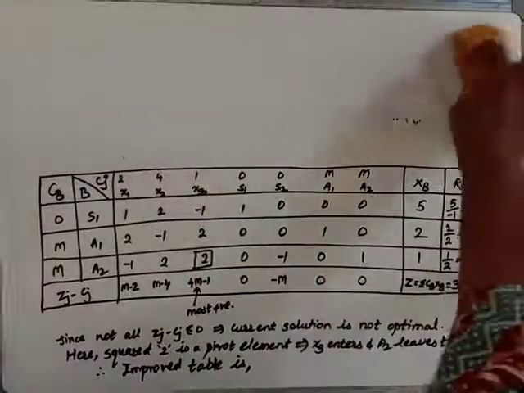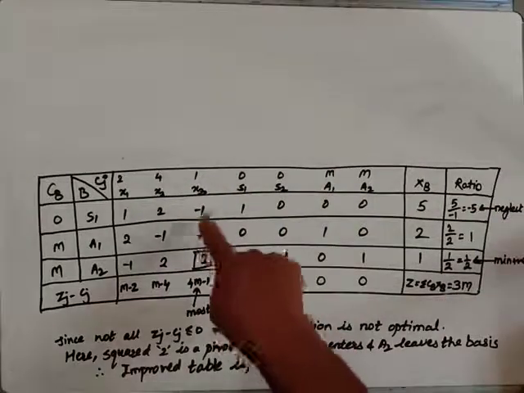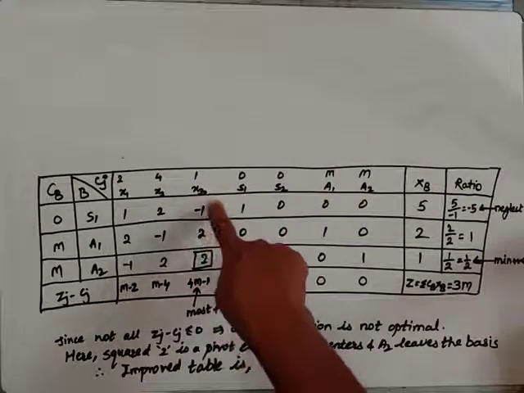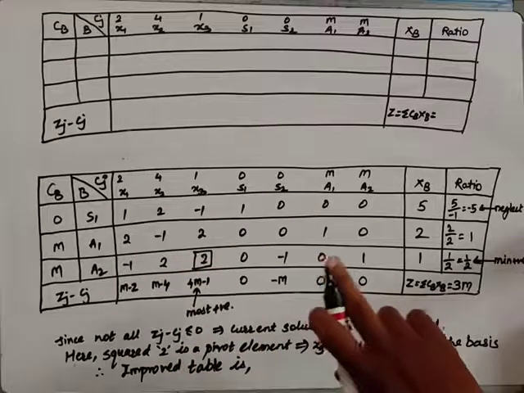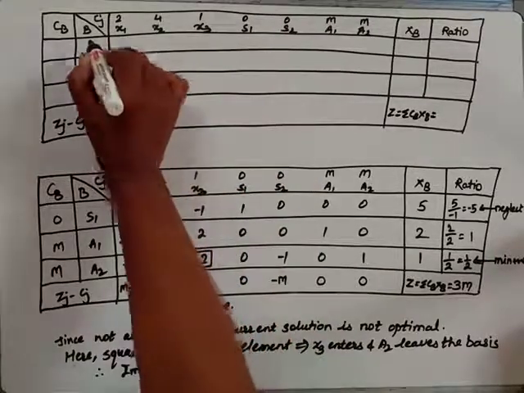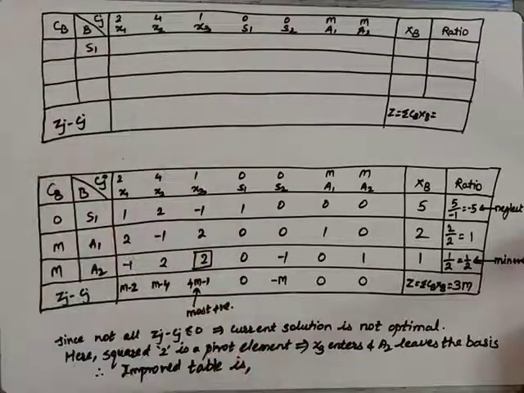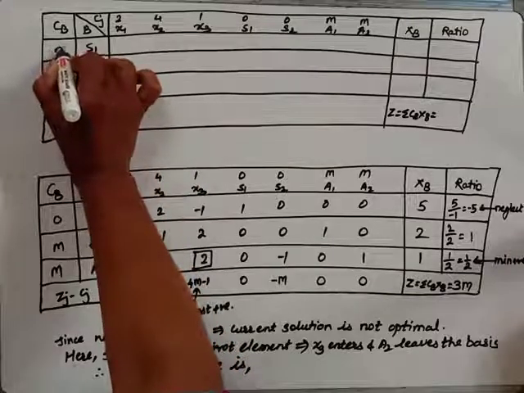So the table will be, we have to make the pivot element 1 and its other corresponding column entries 0. These two we have to make 0. This should be 1. So let us prepare an improved table. Now here this S1 will be the same, S1 having a coefficient 0, it is as it is.